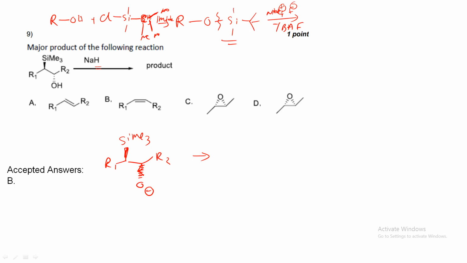Now here again it needs to form an oxygen-silicon bond, because no other species is there. So now we need to do the rotation to form the oxygen-silicon bond. When we do the rotation, this R1 R2 would come in this fashion, and this kind of thing would be forming.